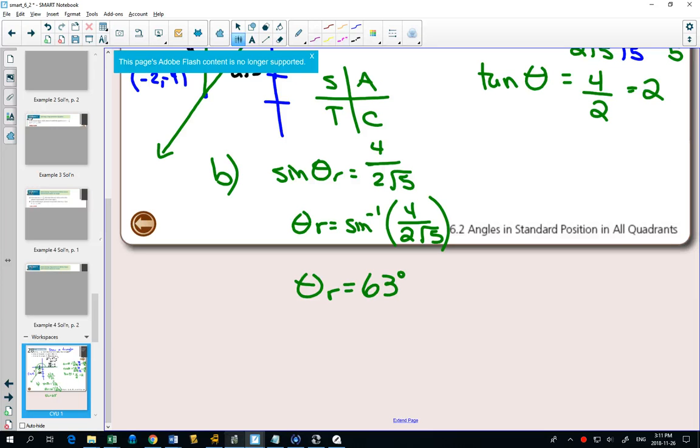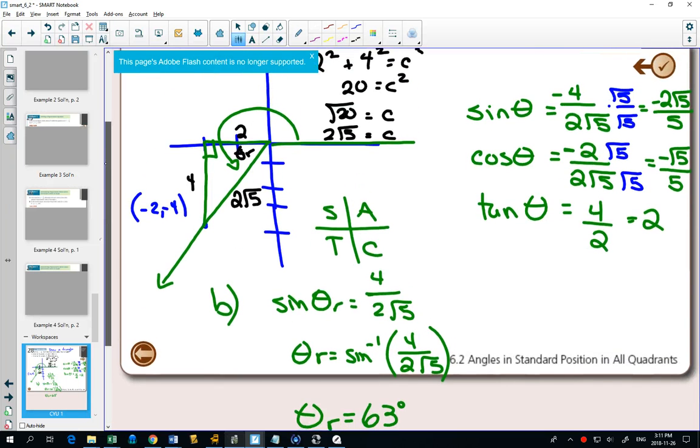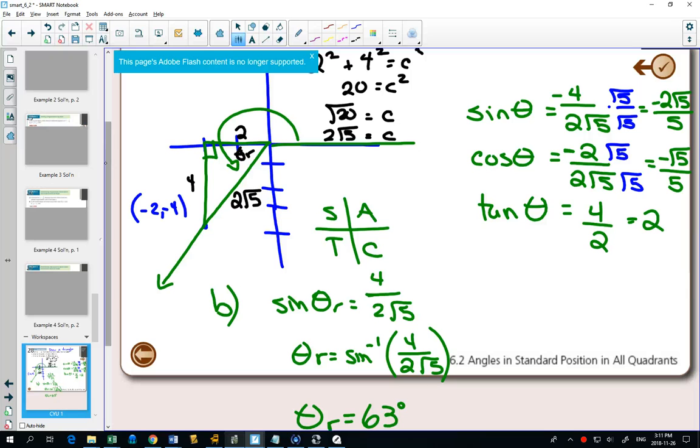Because we need to find our actual angle in standard position. Look at our picture. Which angle did we just find? We just found out that this angle here is 63.4 degrees, and we need to find this whole big angle in standard position. How would you do that?